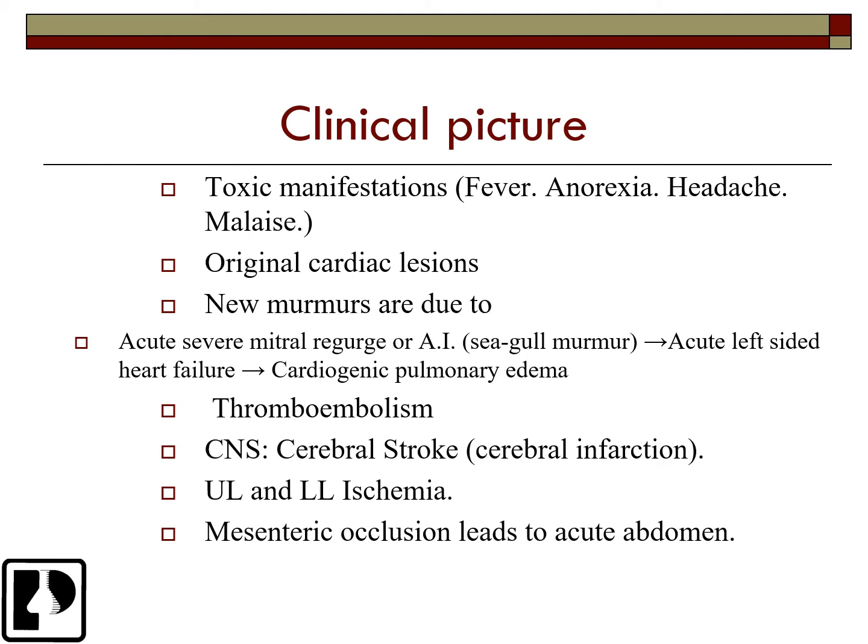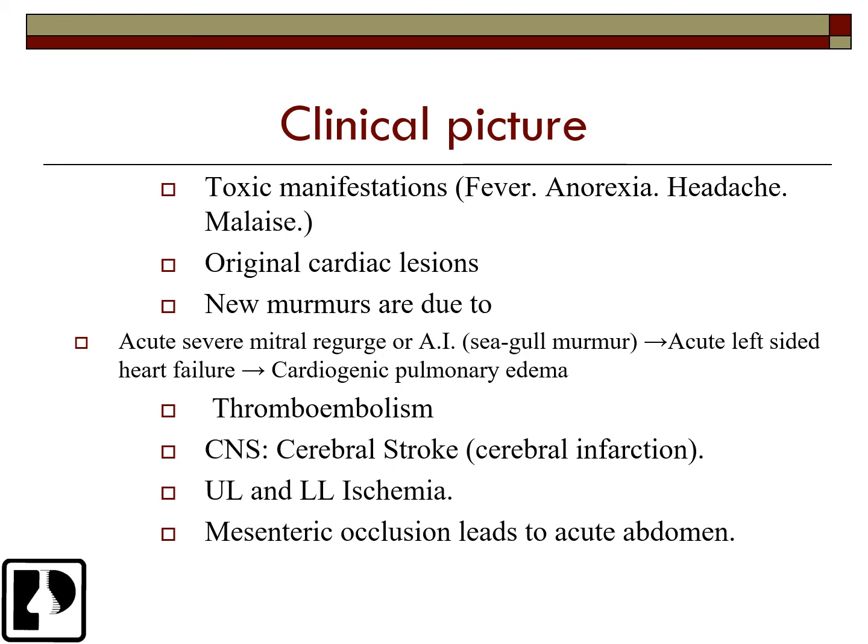Clinical picture. You know that with any infection, you will have fever, headache, malaise, and anorexia, and so on. But in the severe form, it is called the toxic manifestation. This severe form occurs because the microorganism is in the heart. Also, the original cardiac lesion is present.